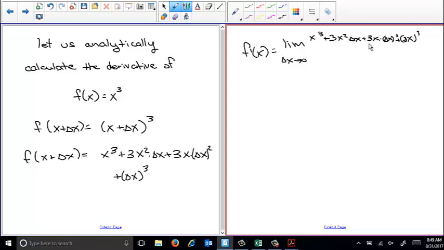Then we subtract f of x, which is x cubed, and divide that whole thing by delta x.